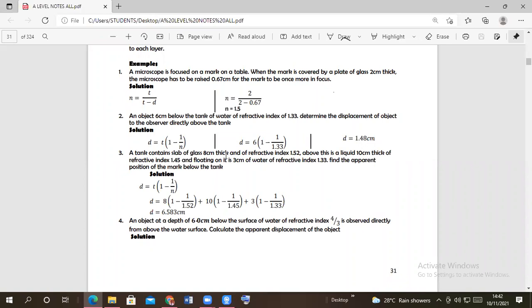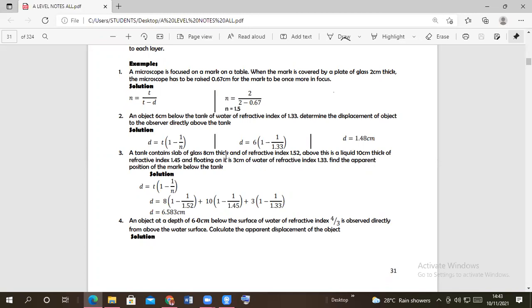given as 1.52. Above that glass, there is a liquid of thickness T, which is 10 centimeters, and of refractive index N, that's the liquid, which is 1.45. That's the refractive index.